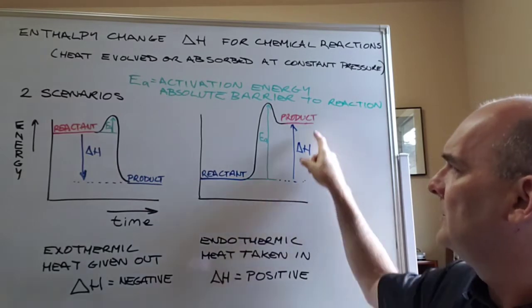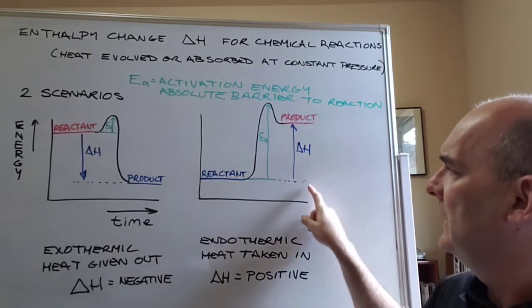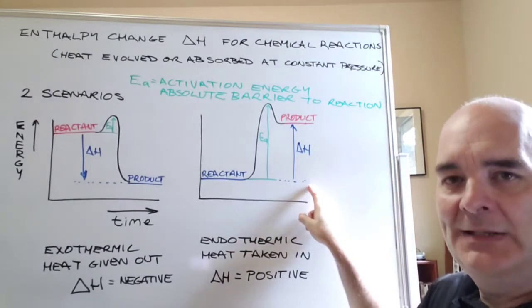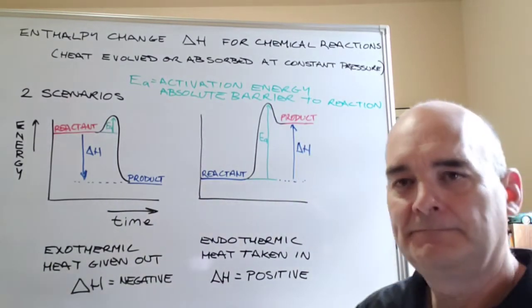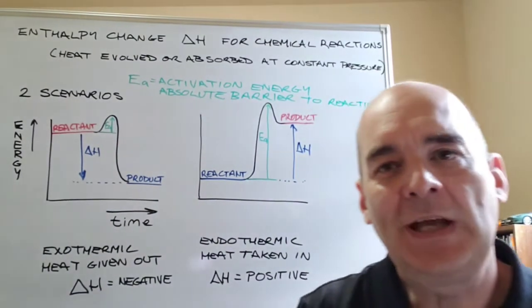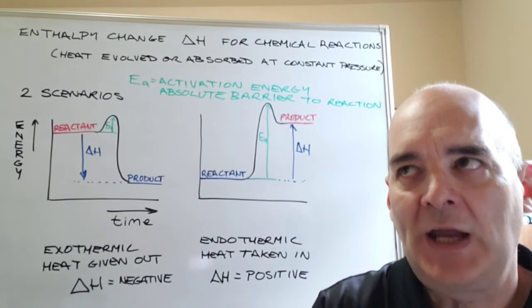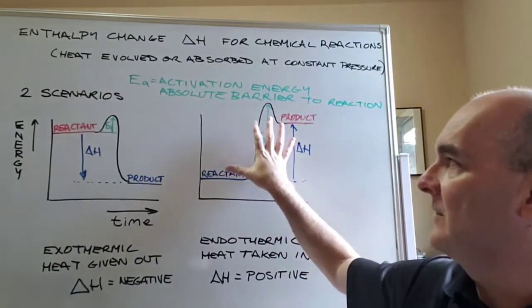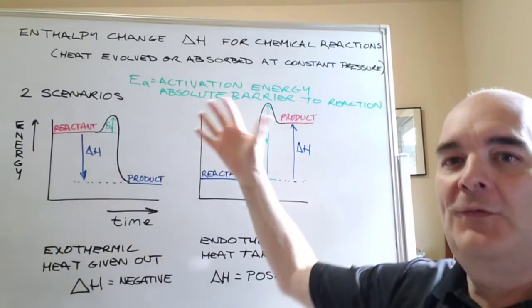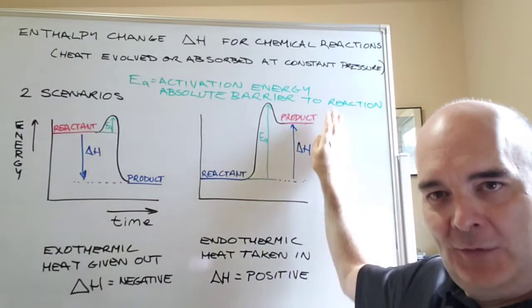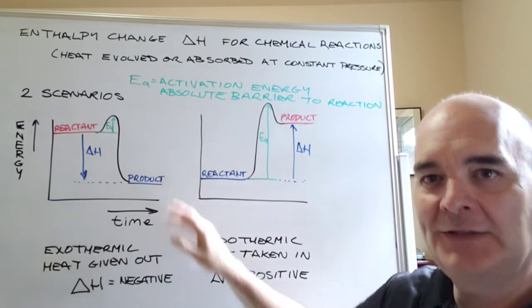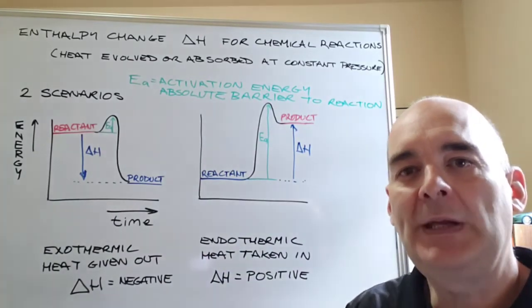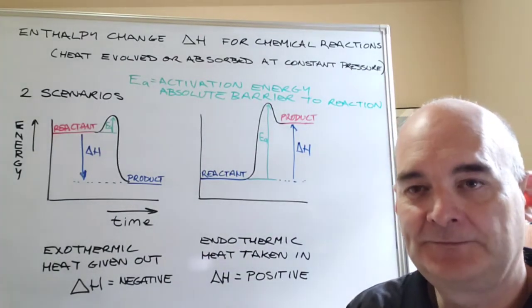Again, it is the gap between the reactants and the products. In this case, it is energy being taken in. So energy and enthalpy change has a sign. If I were to take this reaction and perform it backwards and turn my products back into reactants, the enthalpy would reverse itself.